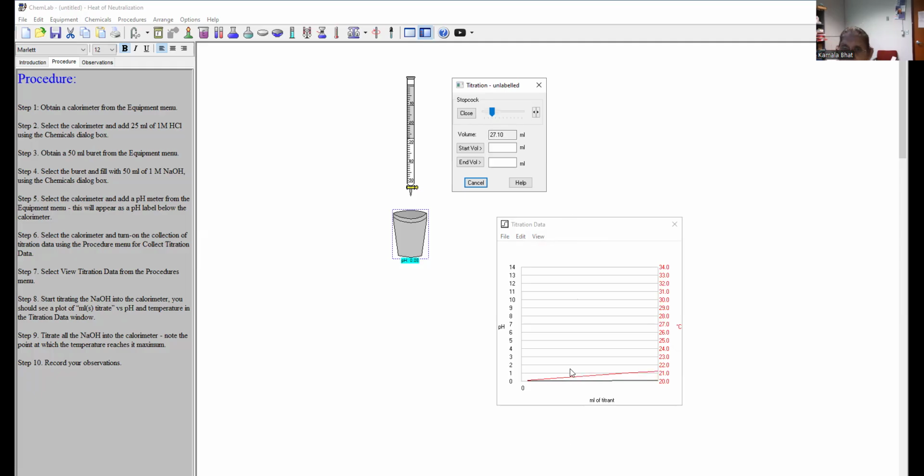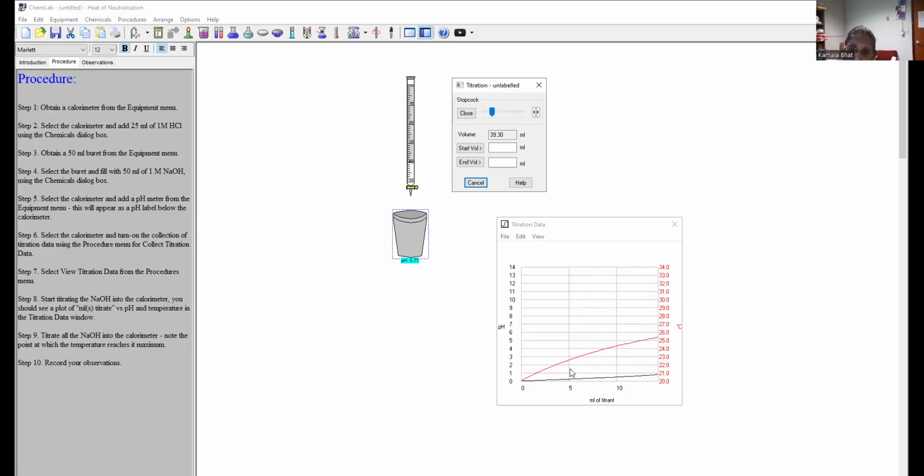And as you can see on the titration curve, you see 2 lines. One is a red one, and another one is the black one. The black one represents the pH, and the red one represents the temperature. And you can see as the experiment is going on, the screen, the time slot, is moving as the amount of NaOH is added.